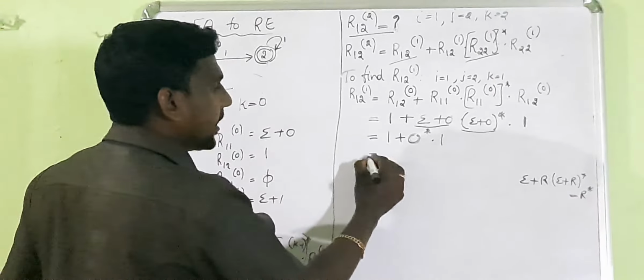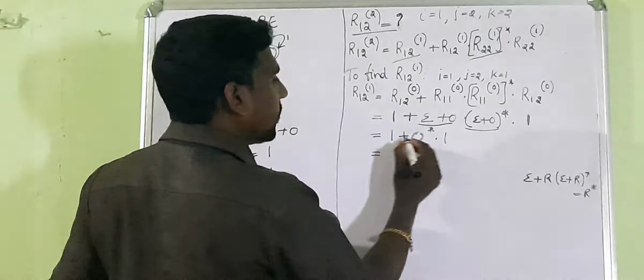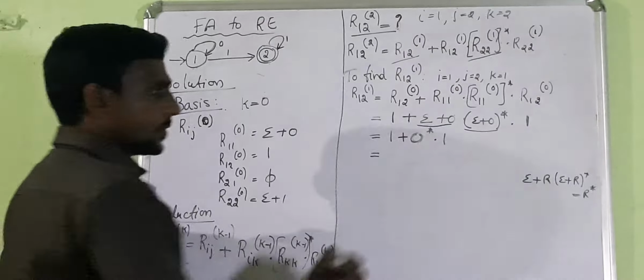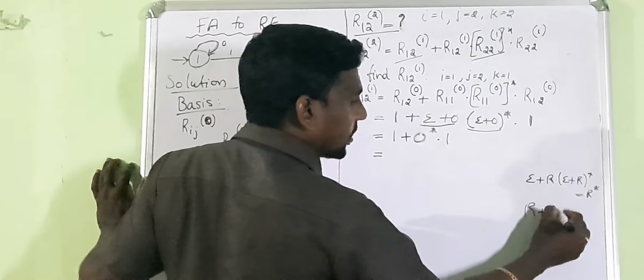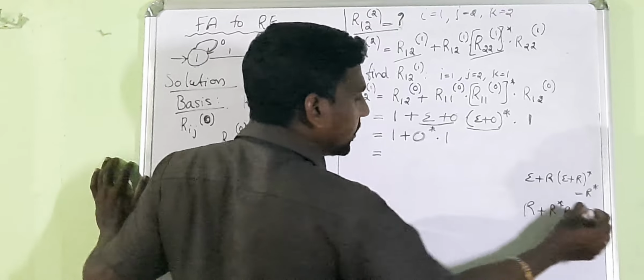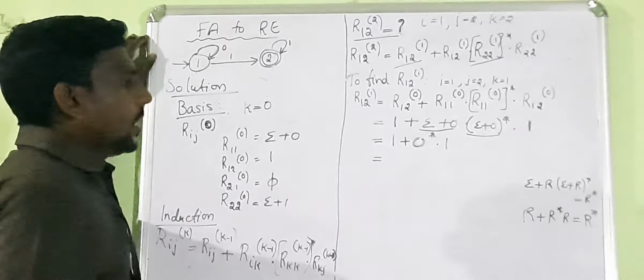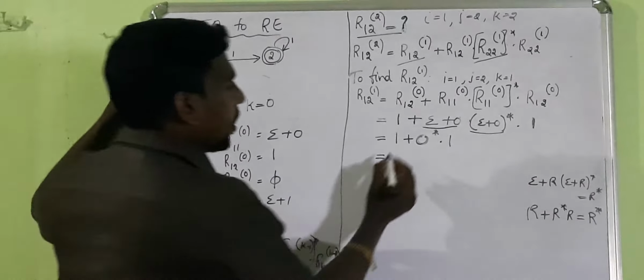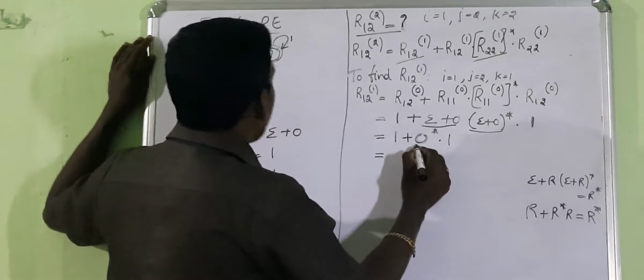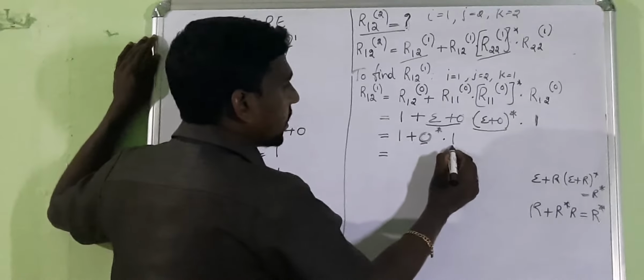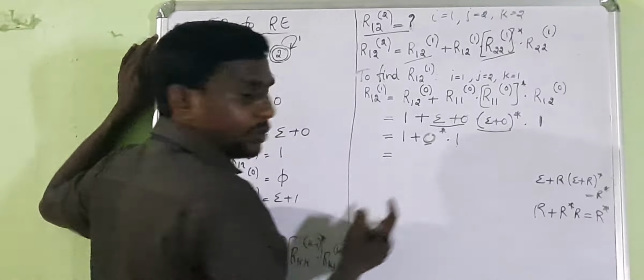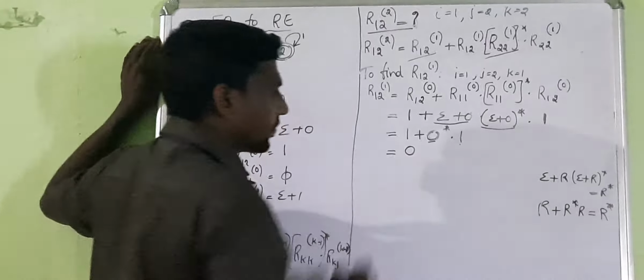Now it is like the formula R plus R star R. R plus R star R equals R star. So now R plus R star R equals R star, and R star is 0 star, so the answer is 0 star.